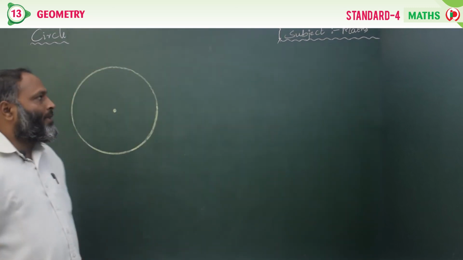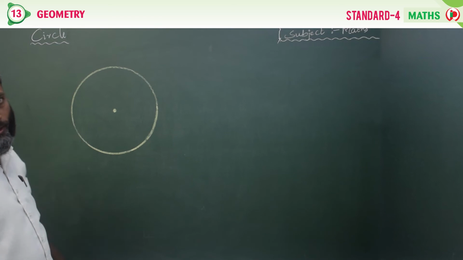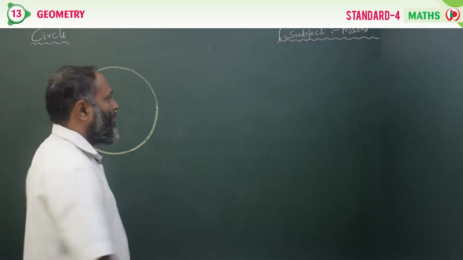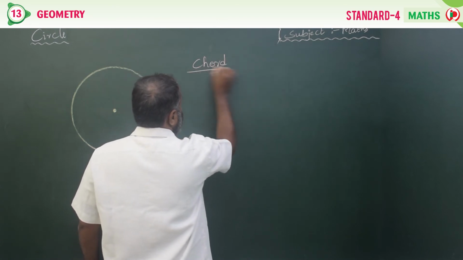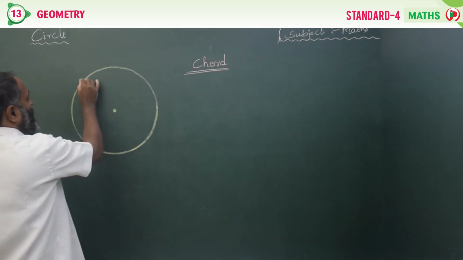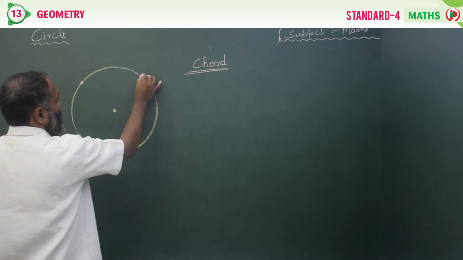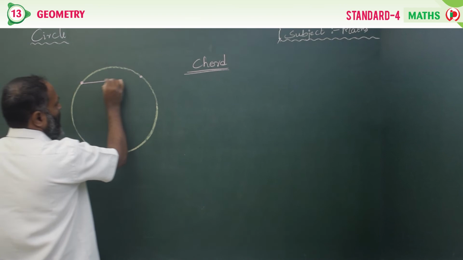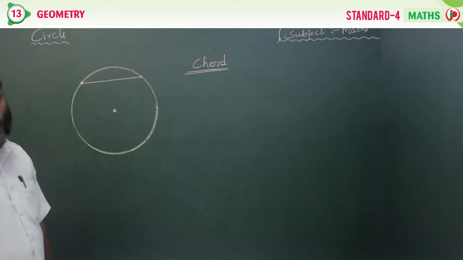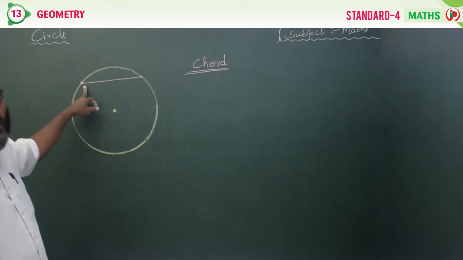Okay. The next thing we are going to discuss is the chord of a circle. What is a chord of a circle? If we join any 2 points on a curved line, meaning on a circle, then we form a chord. So this is a chord of a circle.